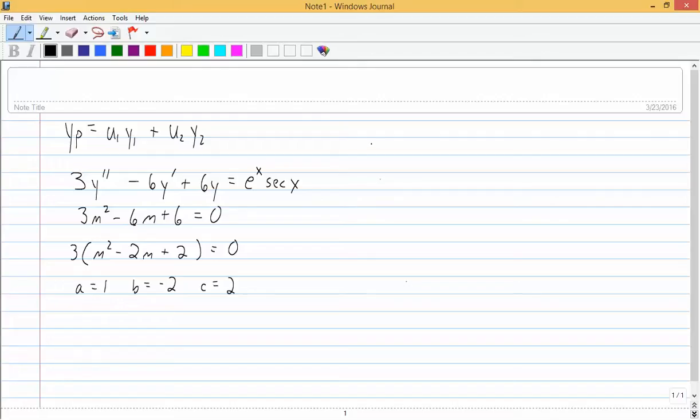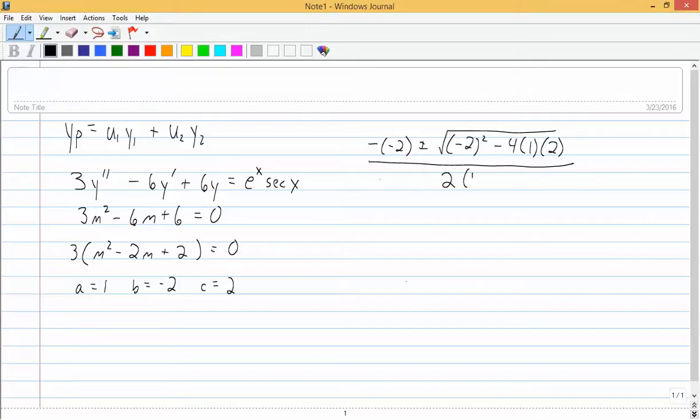The quadratic formula is negative b plus or minus the square root of b squared minus 4 times a times c, all divided by 2a. Alright, so that's going to be 2 plus or minus the square root of 4 minus 8 all over 2. So that's 2 plus or minus the square root of -4 over 2.